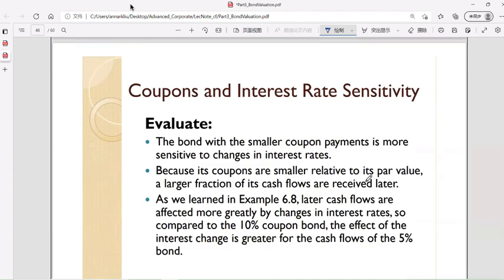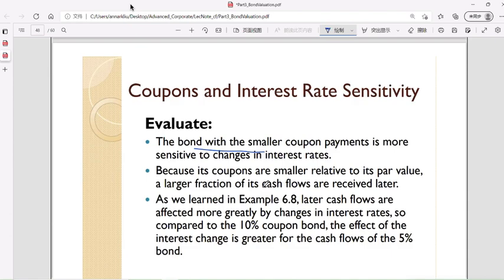Still, the direction is the same. So the bond with the smaller coupon payments is more sensitive to changes in interest rates, because its coupons are smaller relative to its par value. A larger fraction of its cash flows are received later.